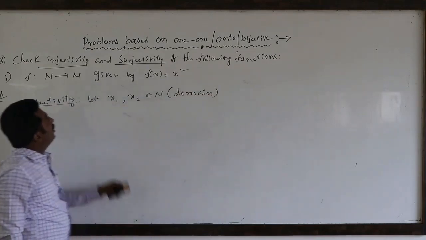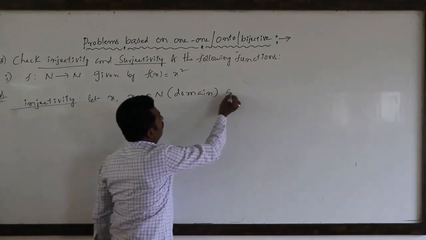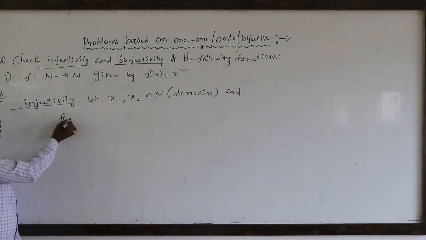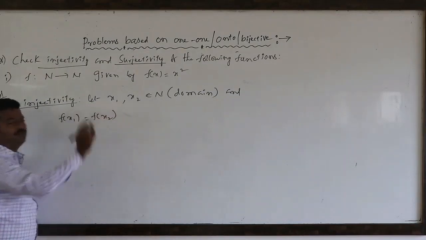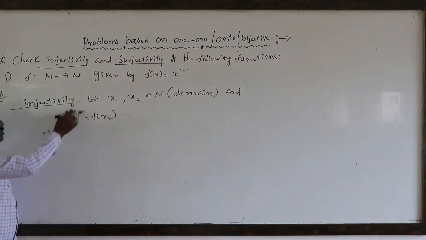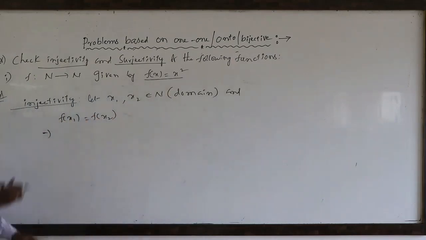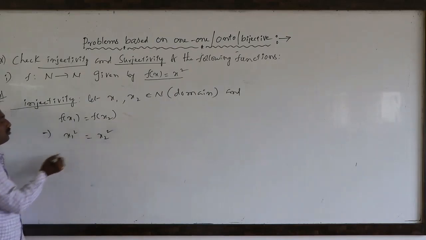What is the domain here? The set of natural numbers. Also we have to assume f of x1 equal to f of x2, and we have to prove x1 equal to x2. So f of x means x square, f of x1 means x1 square equal to x2 square.